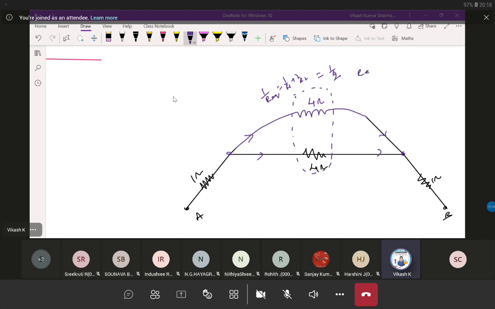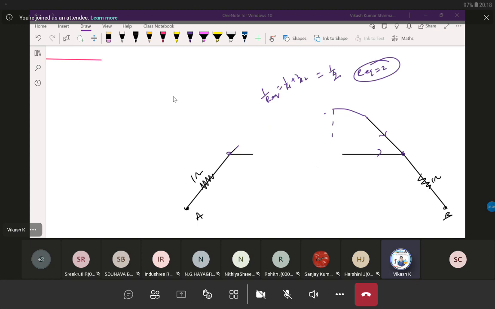So what is R equivalent here? Instead of these 2 branches, only one equivalent resistance, how much can I write? Only 2 ohm.